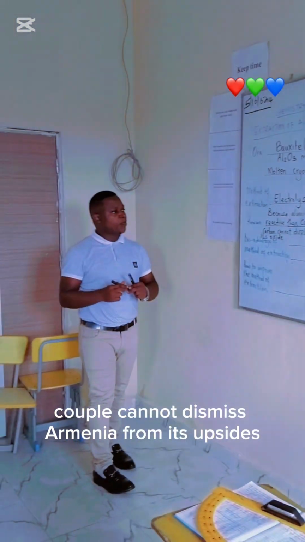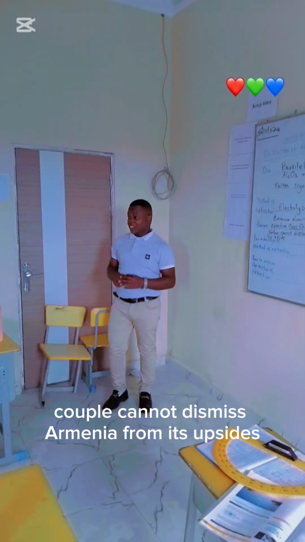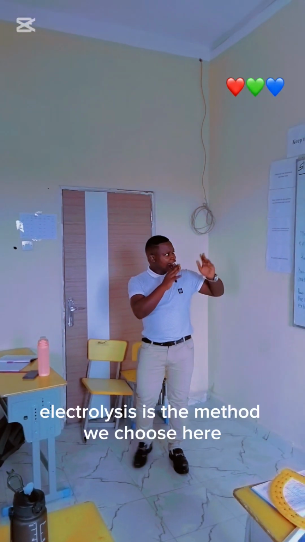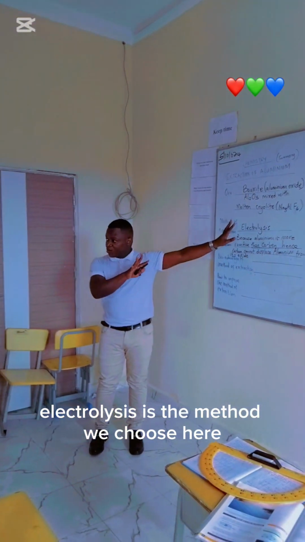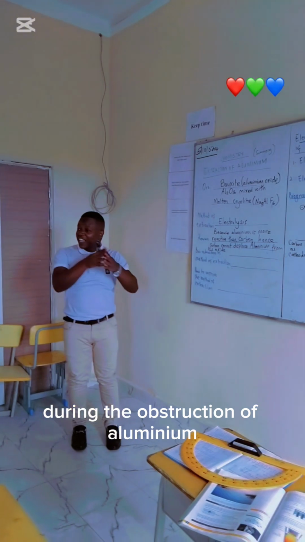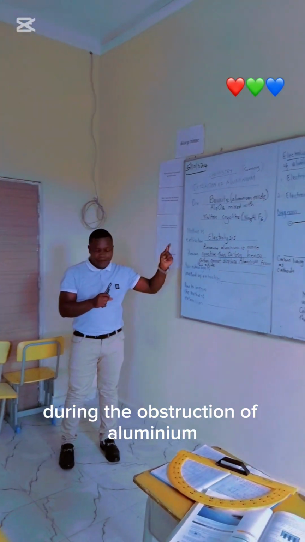Carbon cannot displace aluminium from its oxide. We are saying that electrolysis is the method we choose during the extraction of aluminium.